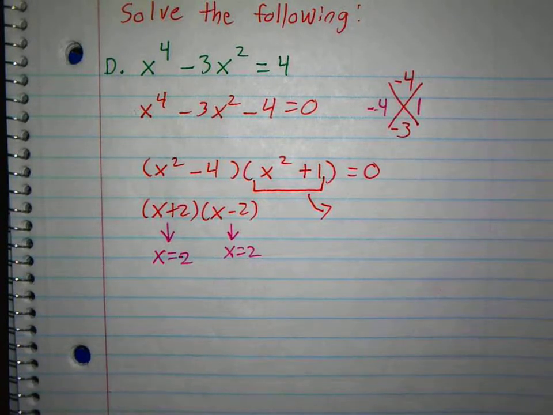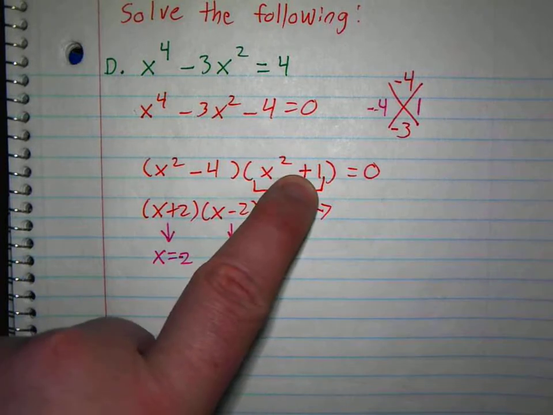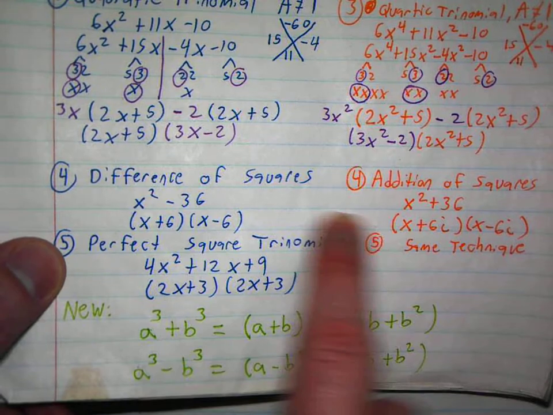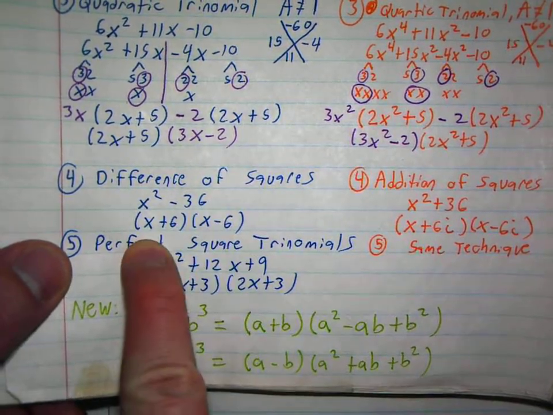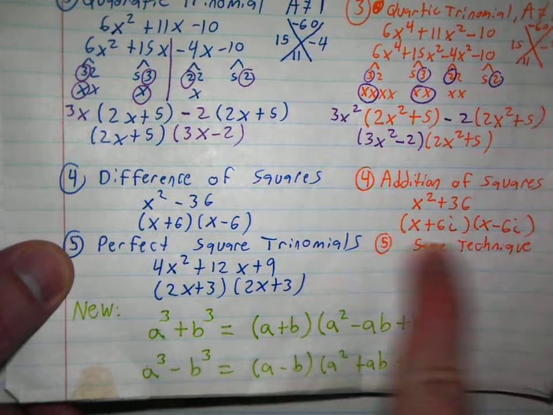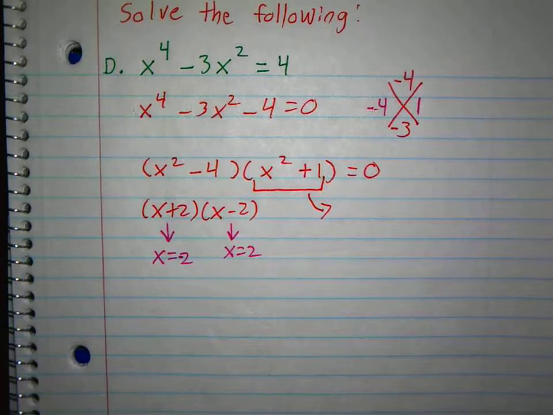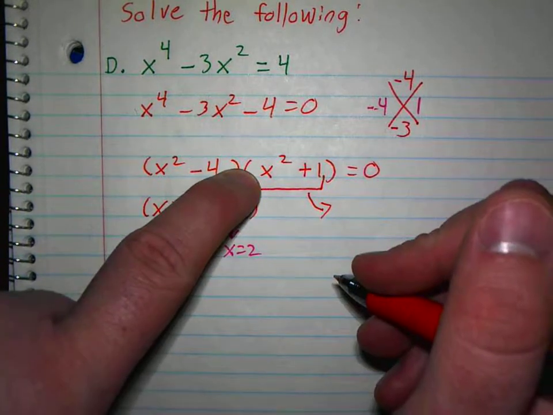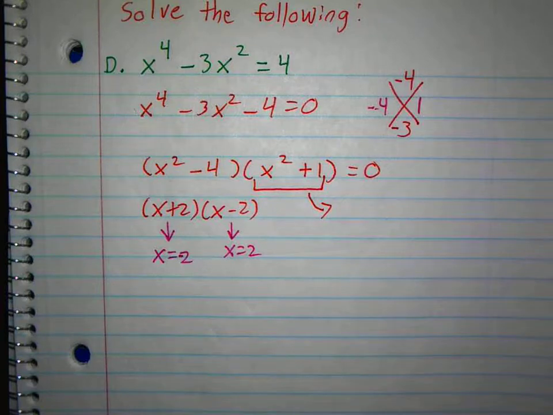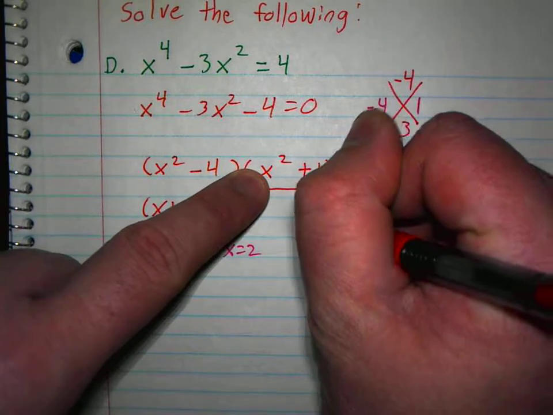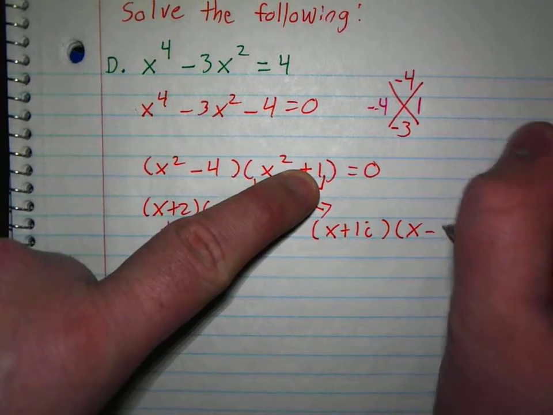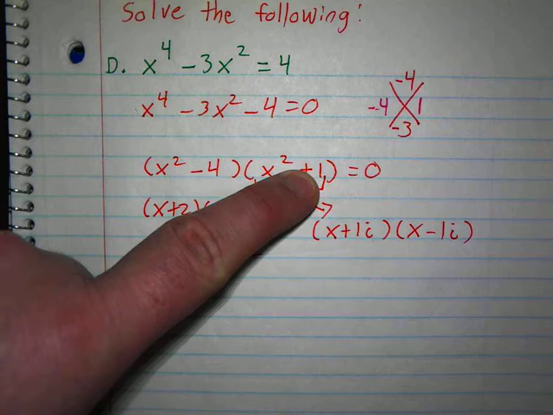You could use a quadratic and get the solutions if you want. They are imaginary. How does that factor when it's a plus sign? Remember we talked about addition of squares, how they're different. X squared minus 36 makes x plus 6, x minus 6. X squared plus 36 is the same thing with an i. Well, 1 times 1 is 1. So it'd be x plus 1i and x minus 1i, right?